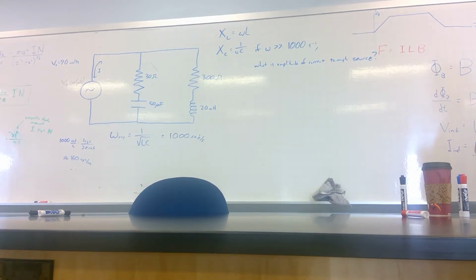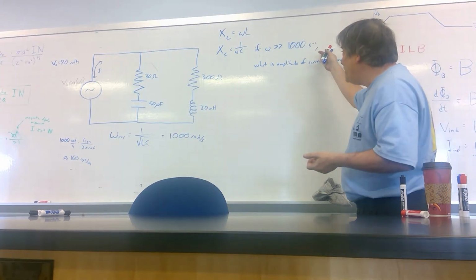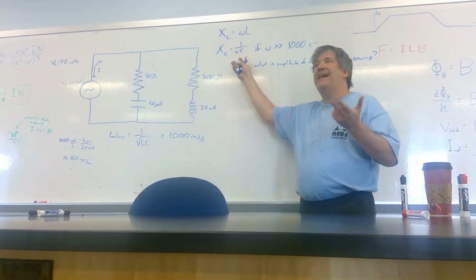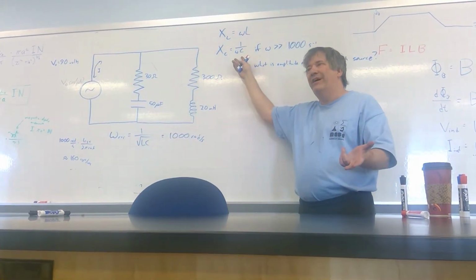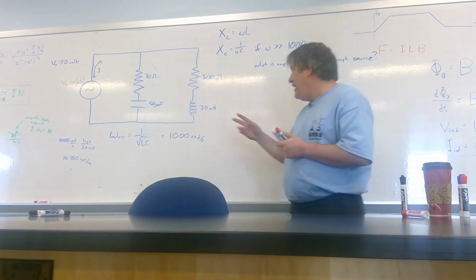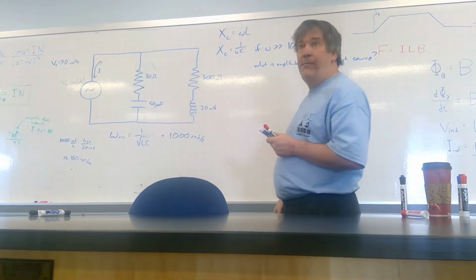How would you tell me the amplitude of the current? We go to 0. Ah, which one? What goes to 0? Okay, yeah. If I've got a really high frequency, the impedance of that capacitor is going to go to 0. How about the impedance of the inductor?